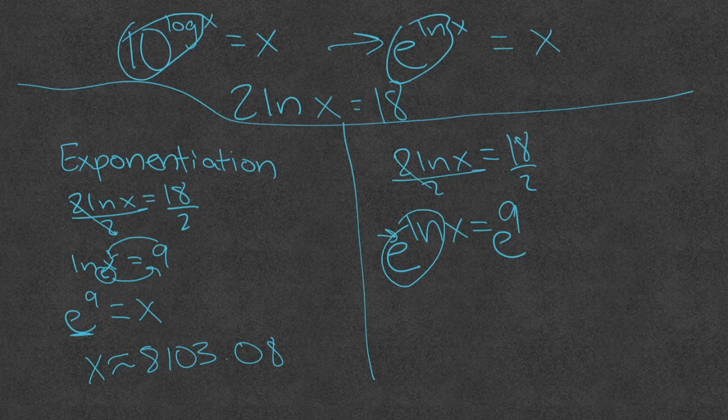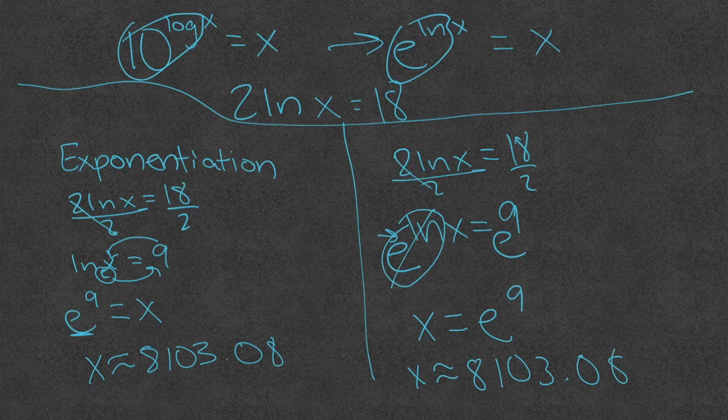So that e and the ln cancel out basically, and we've got x equals e to the 9th, which is 8,103.08 approximately. Hopefully you can see which one is necessarily the easier one, right? Rewriting it into exponential form, but for some people it may be the other way. So just so that you guys are aware of both, those are both of them, and you guys will be able to pick which one you would prefer.